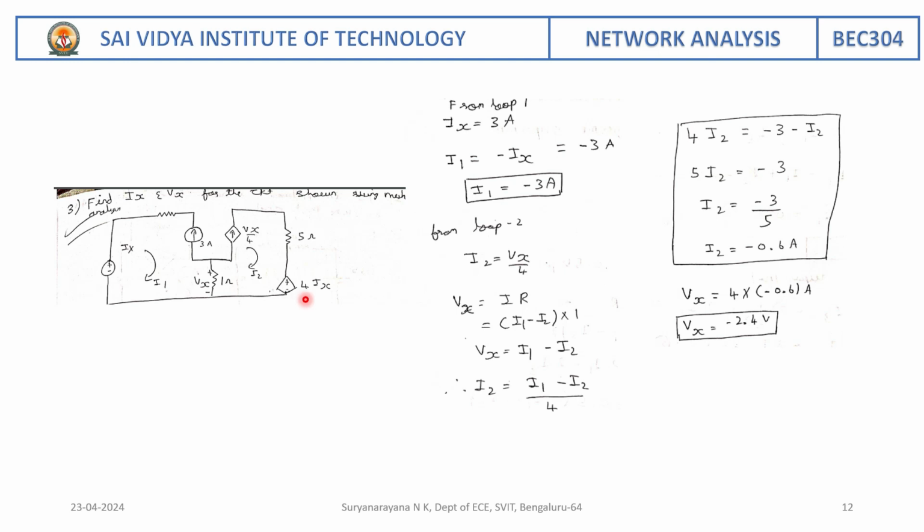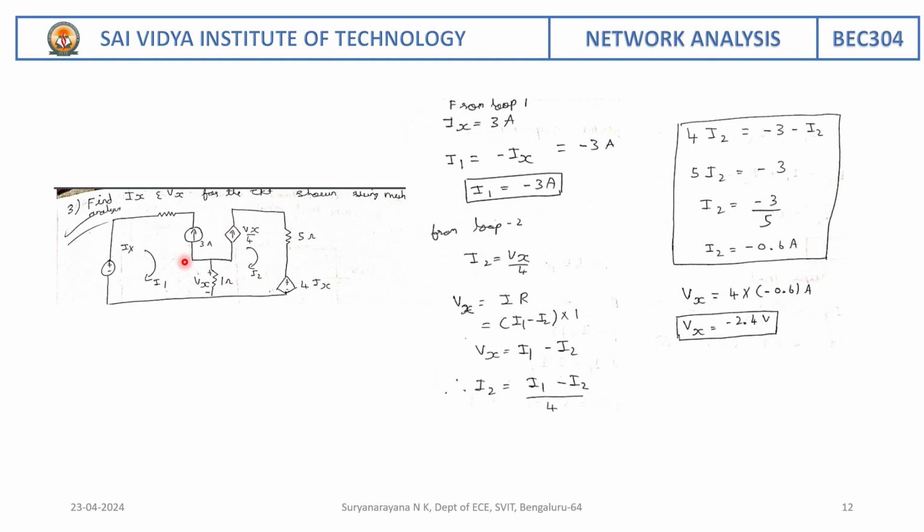Therefore, we have to write the equations based on the observation. So there are two meshes, that is mesh 1 or loop 1, and loop 2. In mesh 1, the current flowing is 3 ampere. So let us consider Ix is equal to 3 ampere.